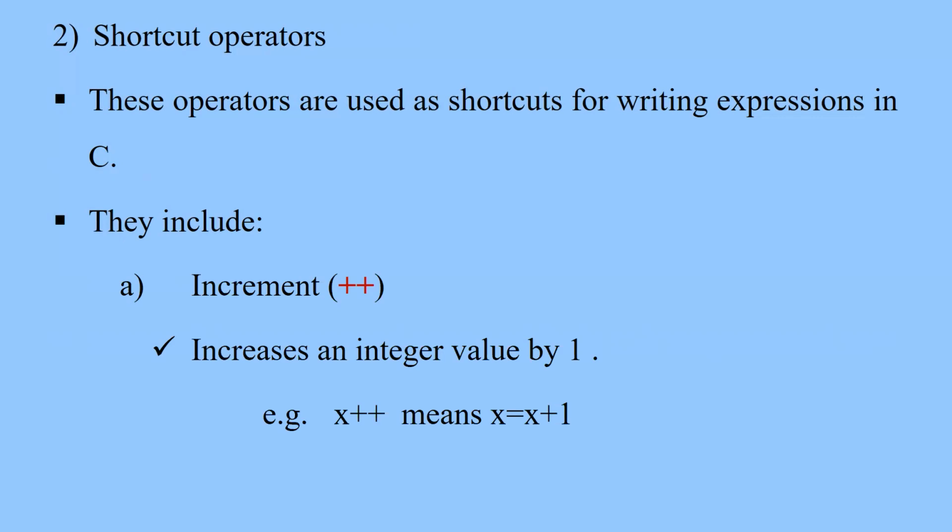What that statement means is that you add 1 to what is in the memory location called x, and the result you assign to the memory location called x. So you replace the content of x with x plus 1.